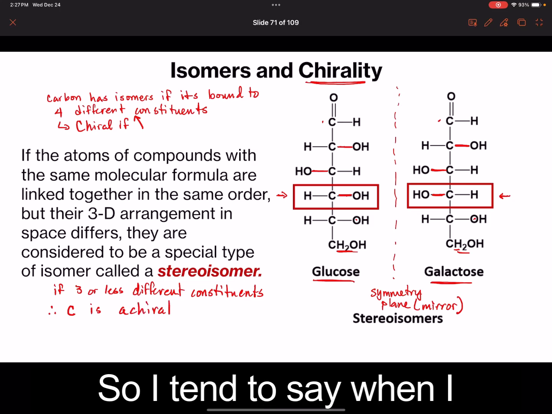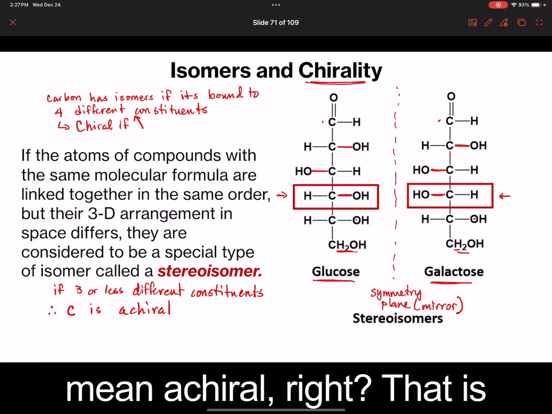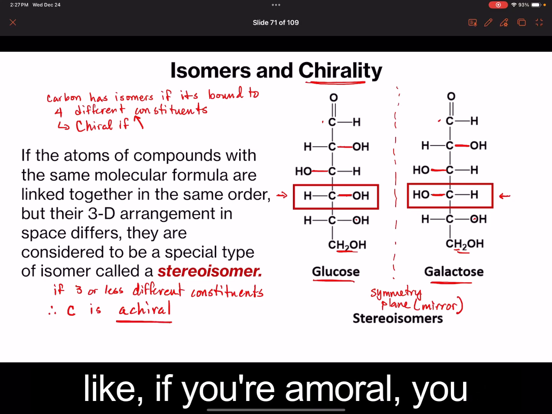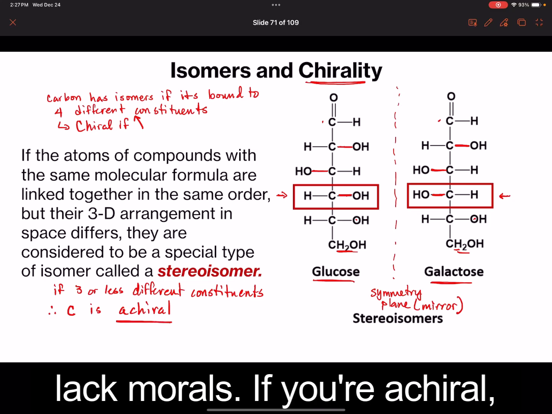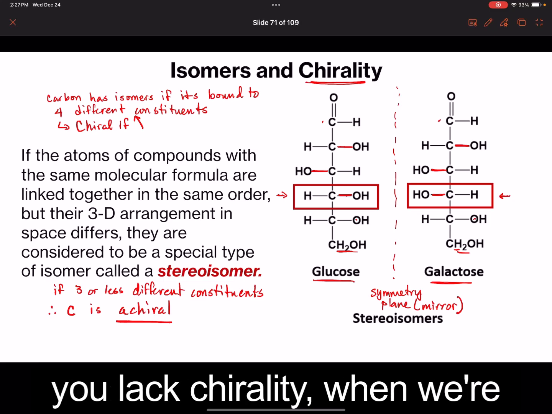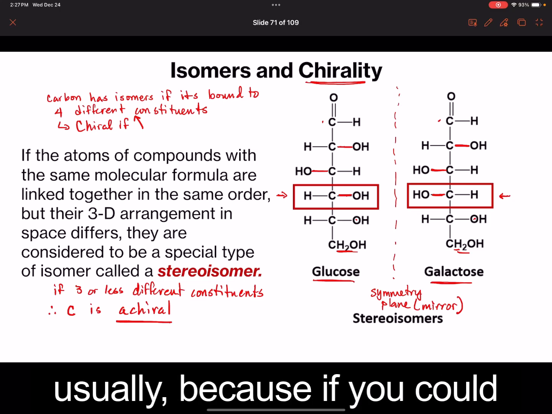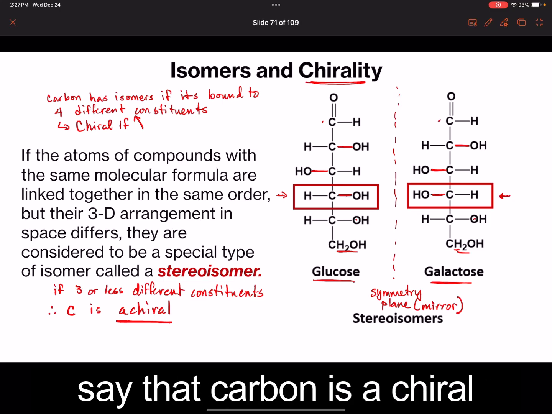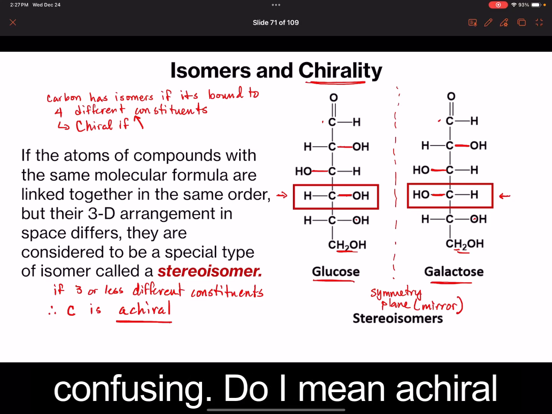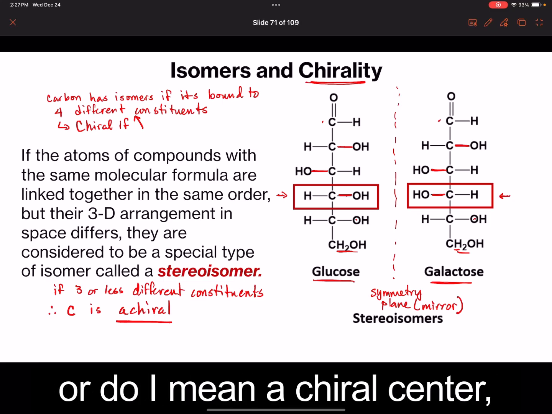I tend to say, when I mean achiral, that it's like being amoral: you lack morals. If you're achiral, you lack chirality when we're talking about carbon. Because you could say that carbon is a chiral center, it gets really confusing. Do I mean achiral or do I mean a chiral center?